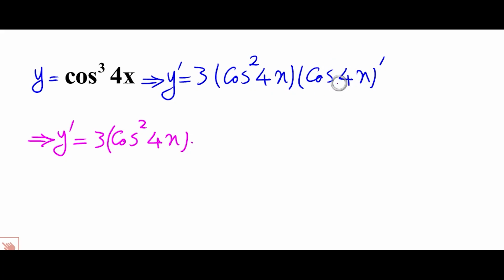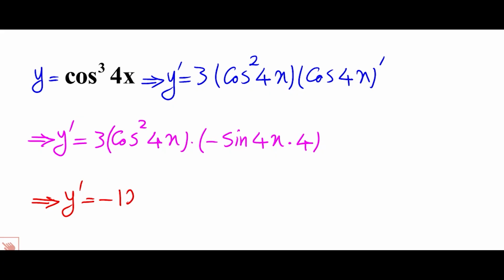We know that cosine is the outside function and 4x is the inside function. So the derivative of cosine is negative sine of 4x times the derivative of 4x, which is 4, and y prime is equal to 3 times 4, which is 12, and here is a negative sign, so minus 12 sine of 4x times cosine squared of 4x.